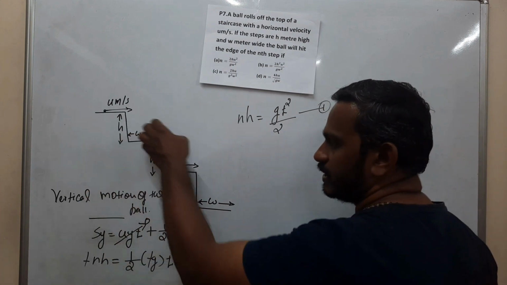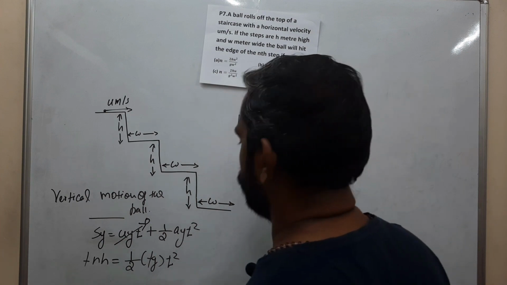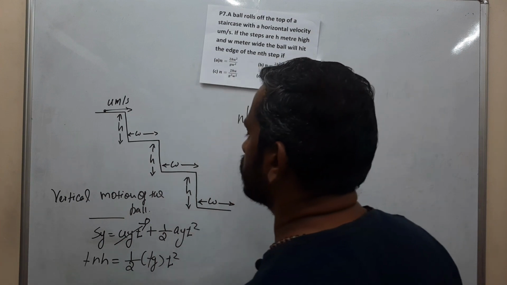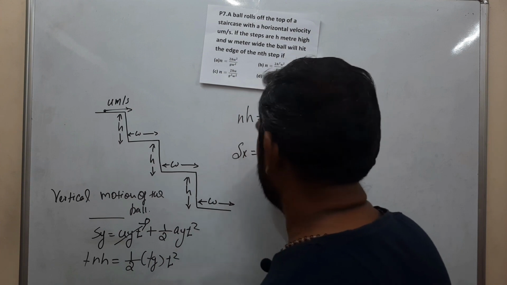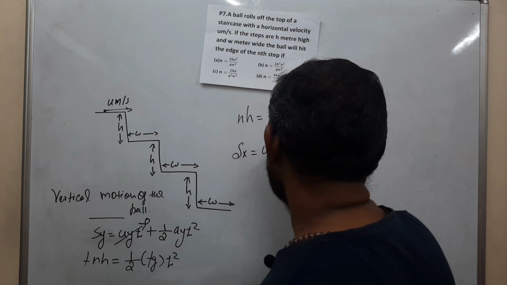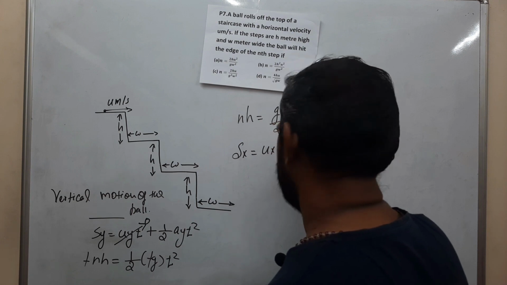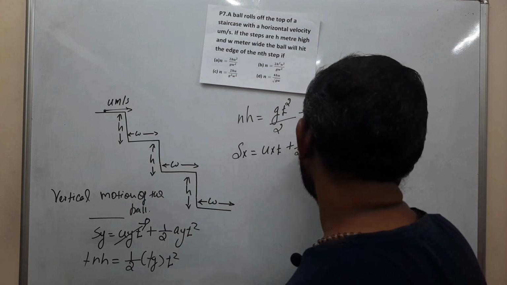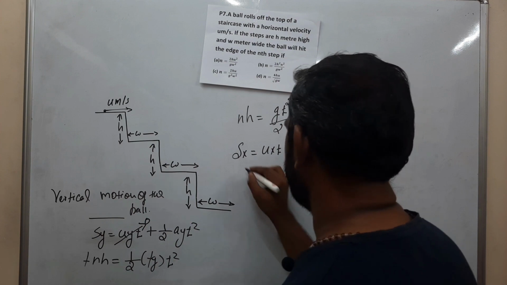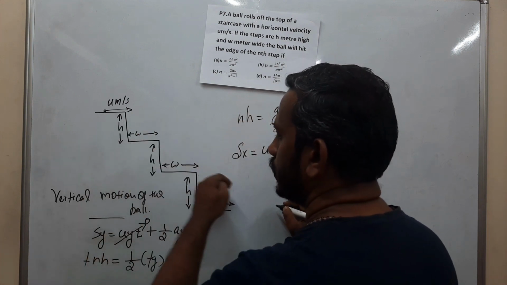Now consider the horizontal motion of the ball. We are using the same equation, Sx equal to ux t plus half ax t square. So Sx is nw.